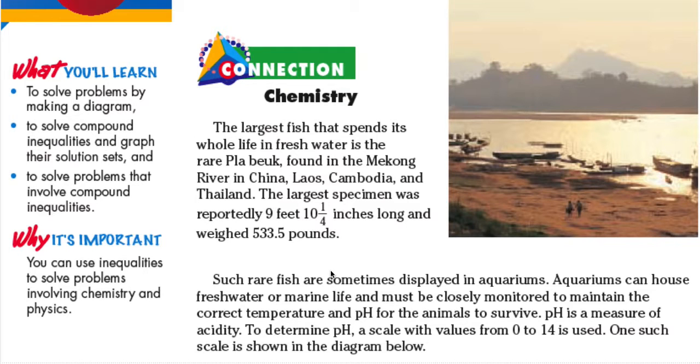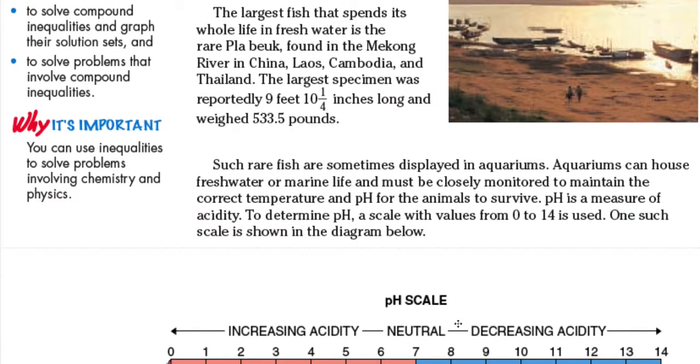Such rare fish are sometimes displayed in aquariums. Aquariums can house freshwater or marine life and must be closely monitored to maintain the correct temperature or pH for the animals to survive. Okay, pH is a measure of acidity.